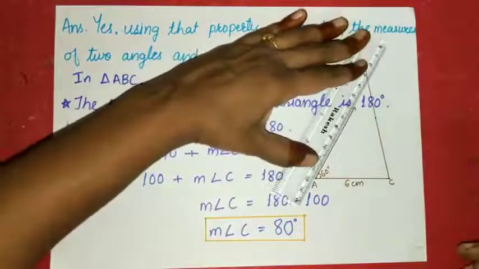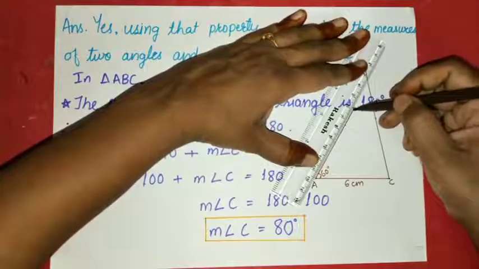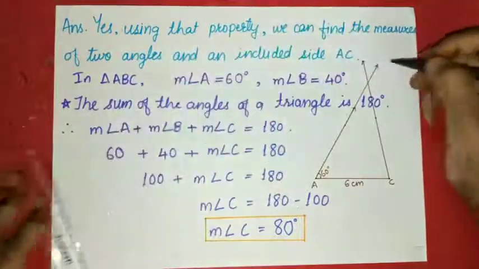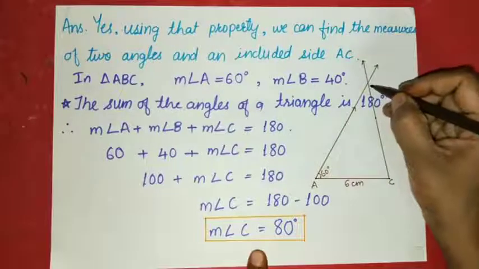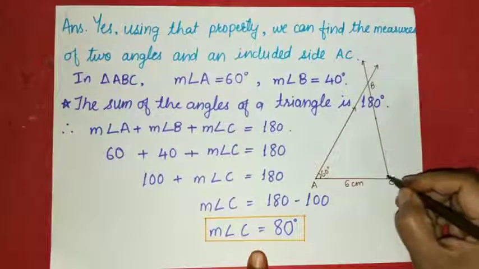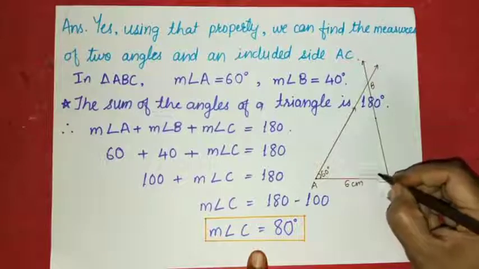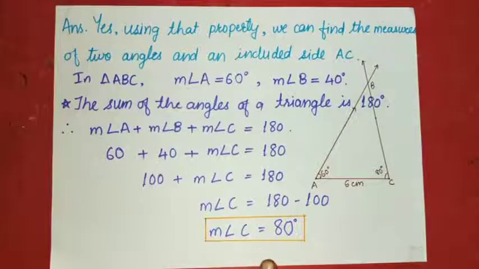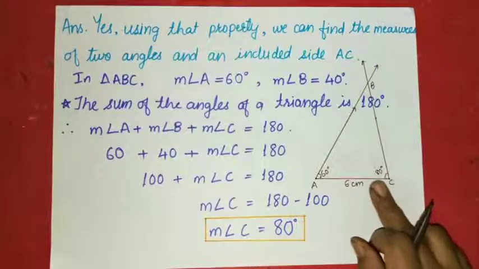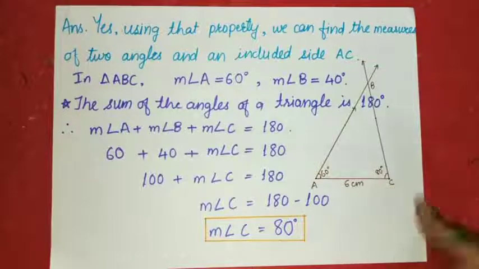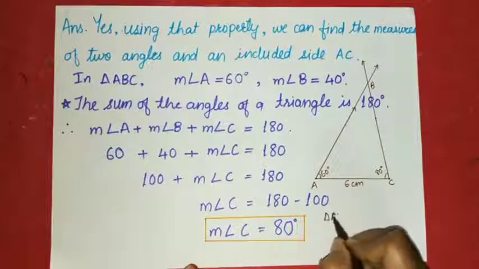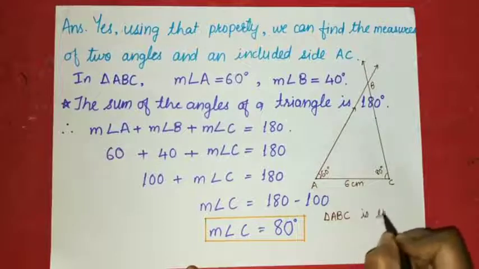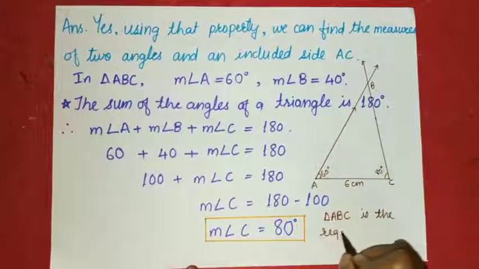Now as these are not intersecting, we will extend the ray here like this. Now the vertex you are getting is B. Here the measure of angle C is 80 degrees, so we will write the measure of angle C as 80 degrees. Now this is the required triangle. So we will write here triangle ABC is the required triangle.